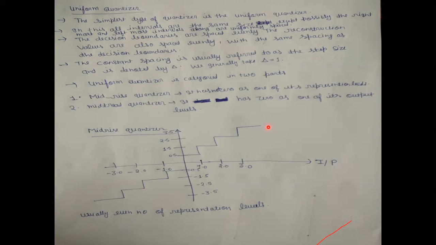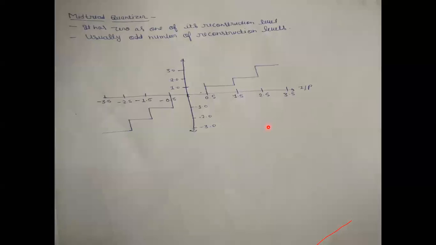Okay. Now see another uniform quantizer, that is known as the mid-tread quantizer. It is opposite to the mid-rise quantizer. The mid-tread quantizer has 0 as one of its output values. Usually it is used in the case where there is an odd number of reconstruction levels.